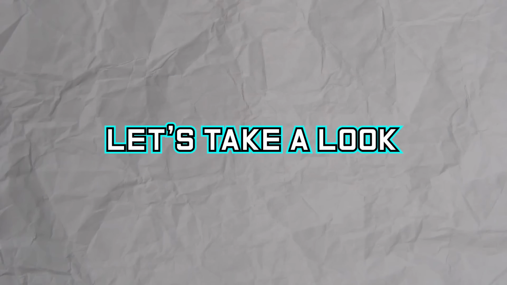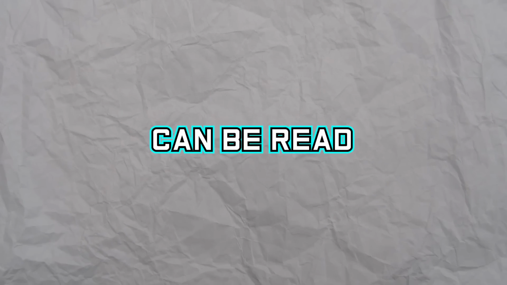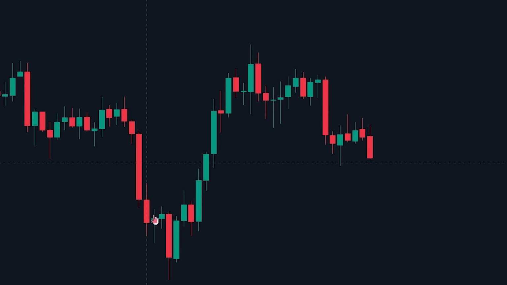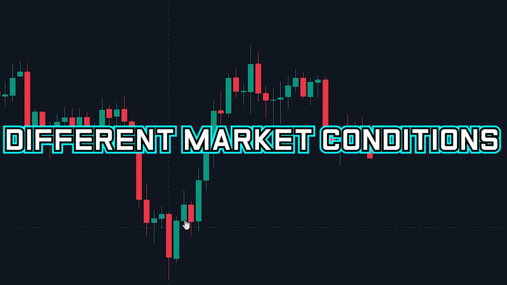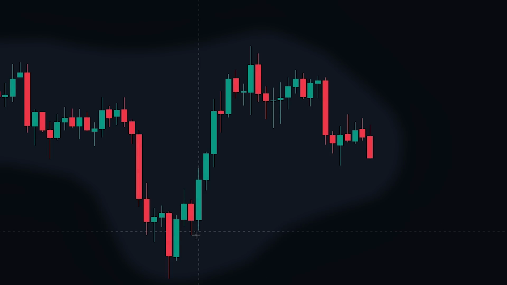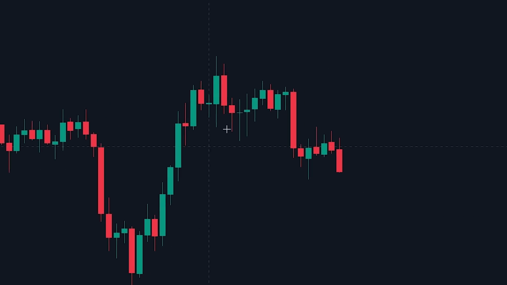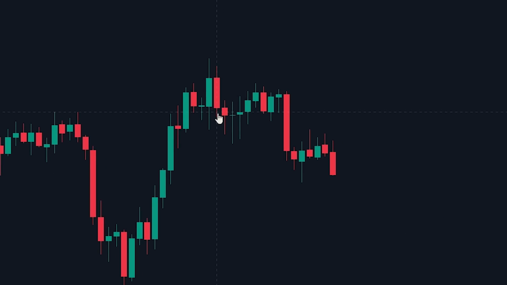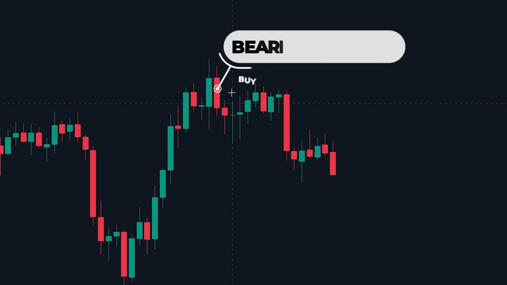Now that we understand what an inside bar is, let's take a look at how the inside bar pattern can be read. An inside bar can indicate different market conditions. However, the most basic way of interpreting the inside bar involves looking for an inside bar after a strong trend. In the case of a bullish trend, the inside bar indicates that the buyers are no longer interested in buying at a greater price.